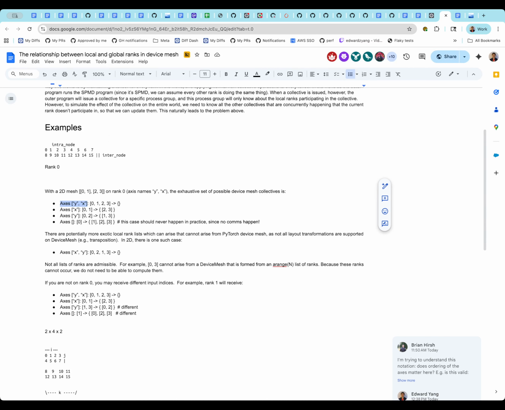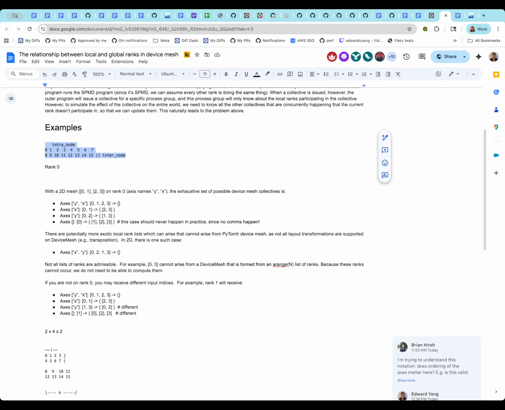And this is not an API that Device Mesh directly supports, but it indirectly supports it. Because what you can do is flatten these two together, creating a submesh with two dimensions flattened together into one, and then you say, okay, I want to do my communication on that device mesh. What device mesh lets you do is it says, give me the PG for an axis. That is the most widely used API on device mesh.